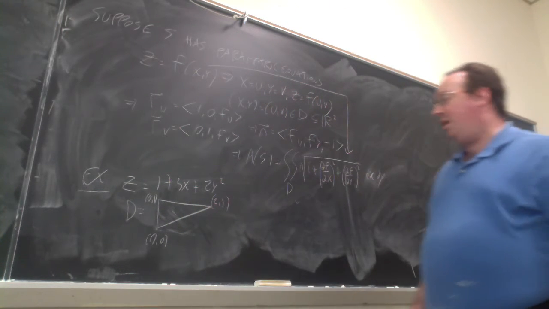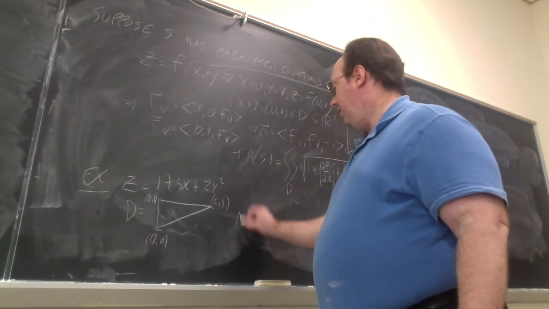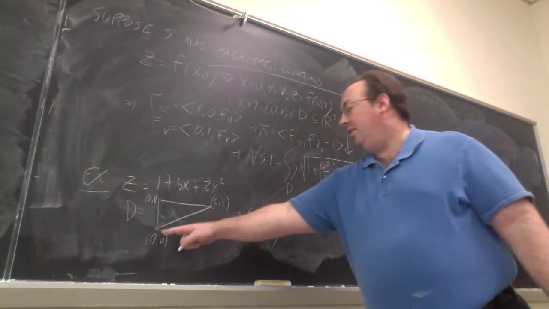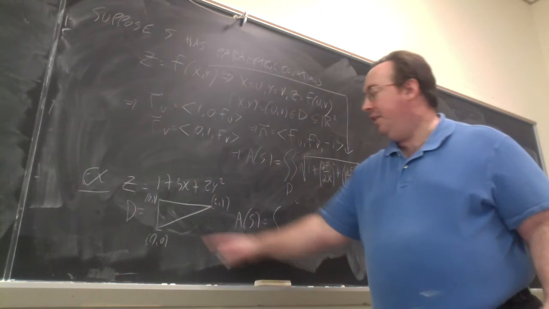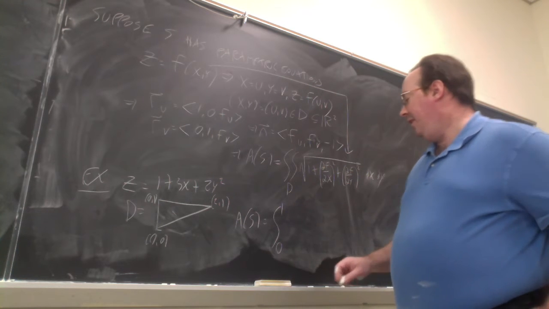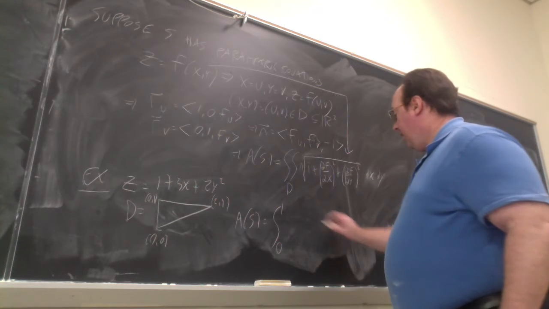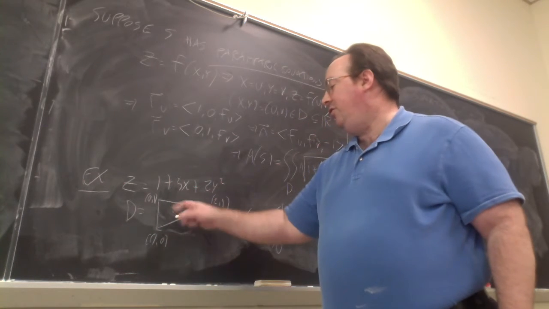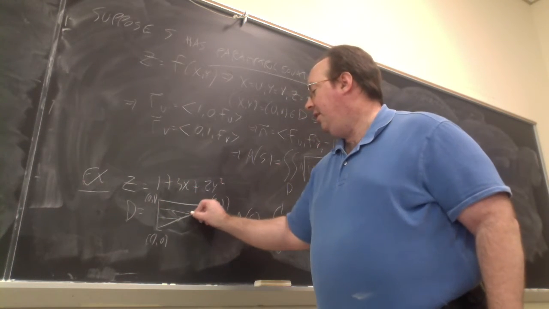So the way you can describe this is, the area of S is the integral. We can go from 0 to 1 in y. And then for x, for each y between 0 and 1, x is going from here to here.